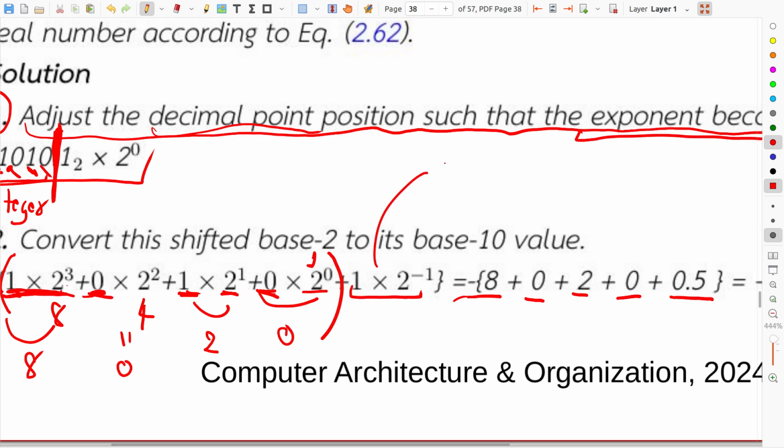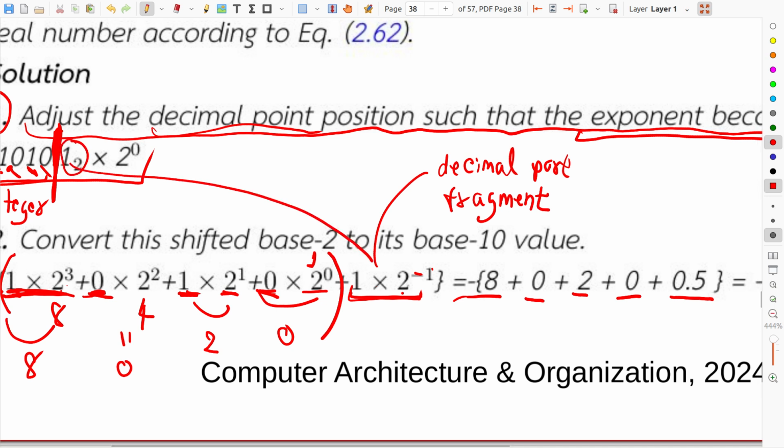See that? The decimal part. Now I would like to call it the fragment. The fragment is 1 times 2 to the minus 1. This bit is this part.